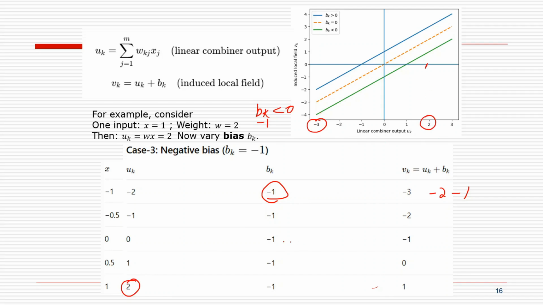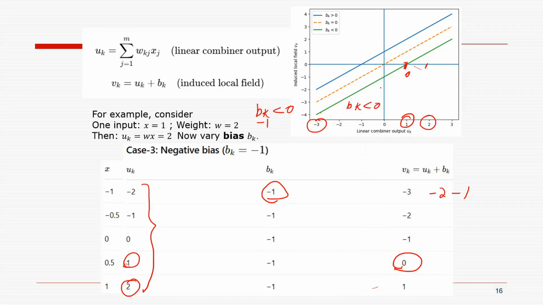Or when UK was 1, VK was 0. Therefore it is correct. Now when you observe the points minus 2, minus 1, 0, 1, 2, and here the points are minus 3, minus 2, minus 1, 0. Therefore, if BK is less than 0, the line passes below the origin.